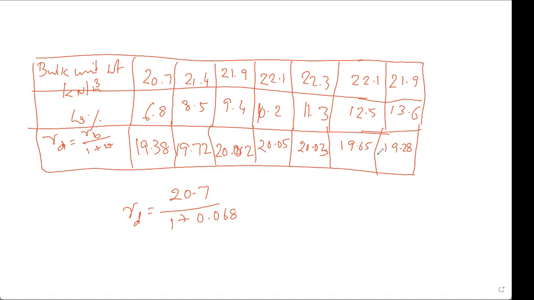Now, the first part asks for MDD and OMC. MDD is the maximum dry density. If you can find the maximum dry unit weight, you can compute the maximum dry density easily. Therefore, first we have to draw the graph.